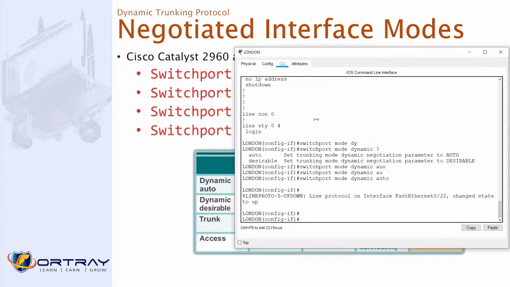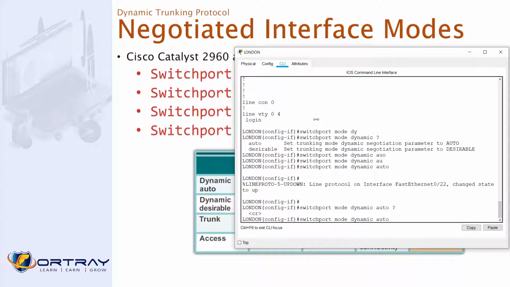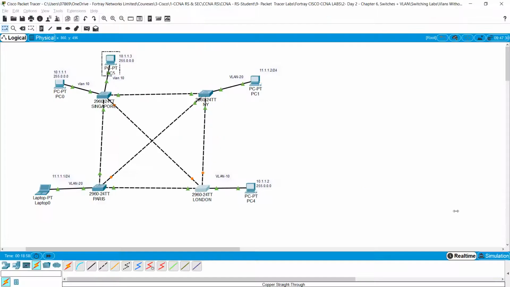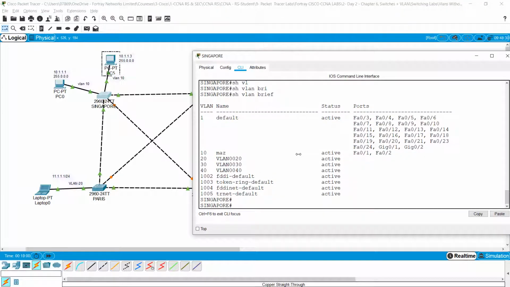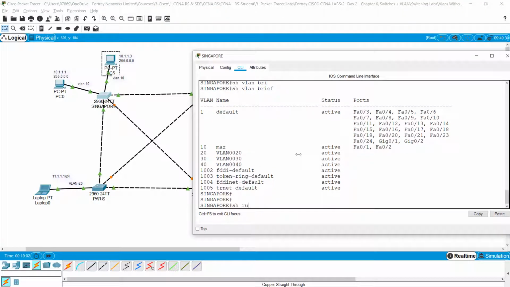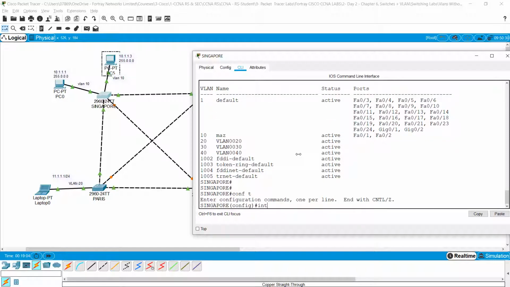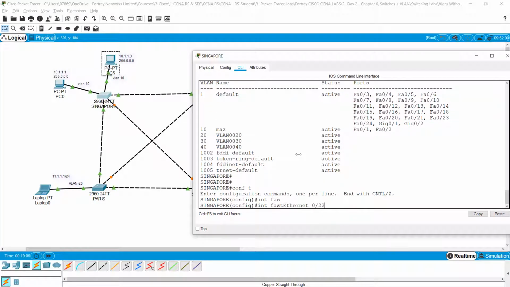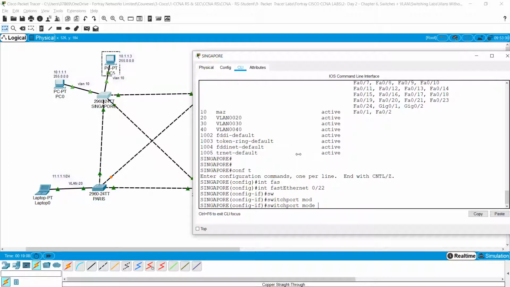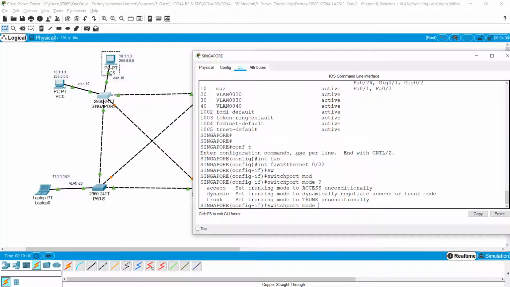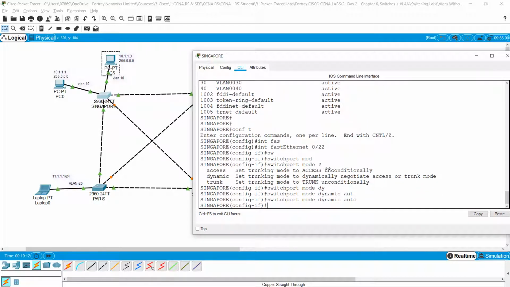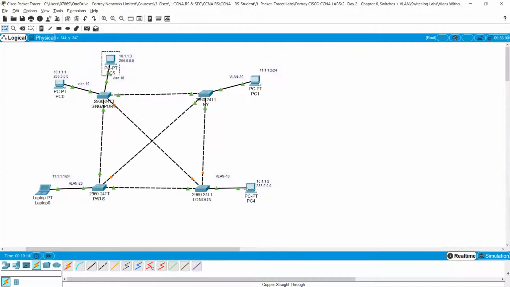If I say auto, and on the other side I say auto as well, now both are auto and the trunk will not form.